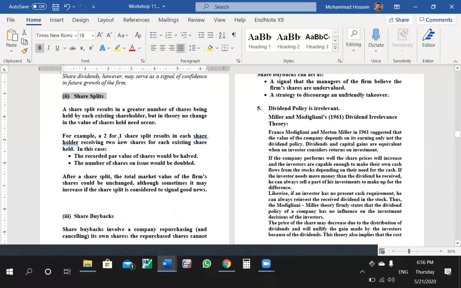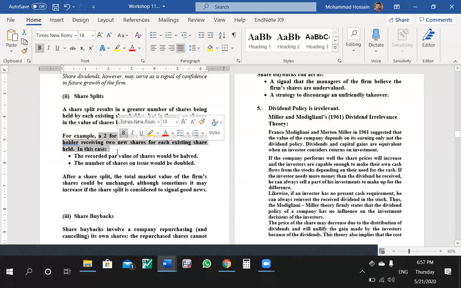For example, a 2-for-1 share split results in each shareholder receiving 2 new shares for each existing share. So if you have 1 share, you'll receive 2 shares.